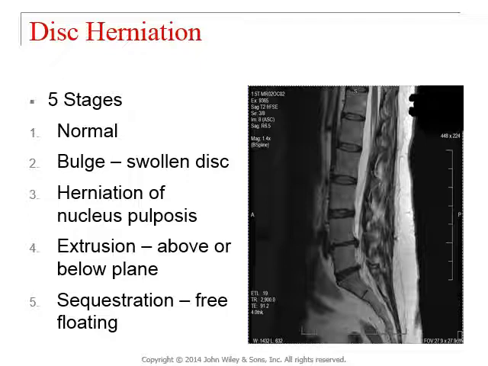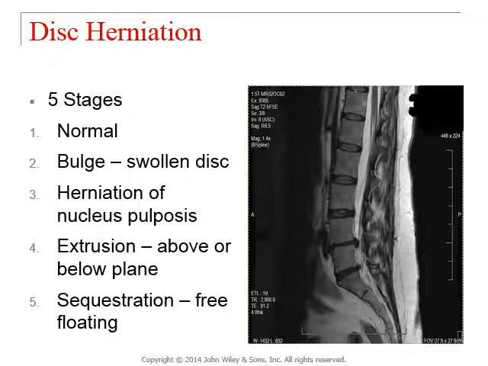The worst thing that can happen here is what's known as a sequestration, where that particular part may actually snap off and go free floating into the spinal cord. This is a direct surgical intervention. So very simply, this goes in the following stages. It starts at normal, then it may bulge from any type of injury or repetitive stress. You get herniation of nucleus pulposus, which we know if you tear the outer covering of a disc, the annulus fibrosus, it starts to migrate away from the center.